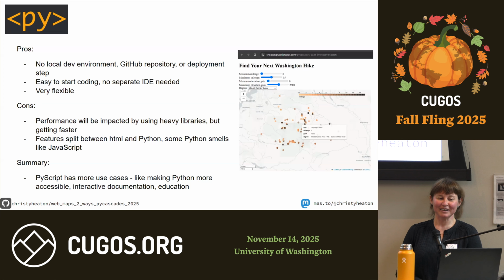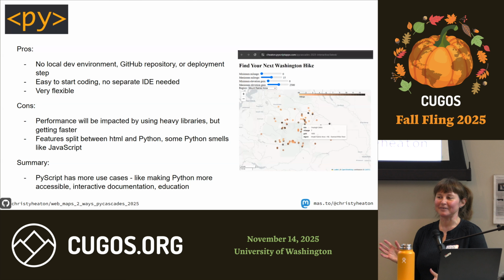Some cons. This con is specific to my use case because PyScript runs Python in the browser, and I'm asking it to also install GeoPandas in the browser and all these other big libraries. If you were to click on my PyScript app, you would notice it takes a very long time to load because it's doing all that in the background.